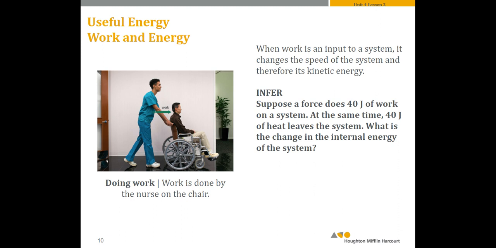All of the energy that's going into the system as work is going out of the system as heat. So 40 joules is transferred into the system, 40 joules is transferred out of the system. So the net change of internal energy is going to be equal to zero.